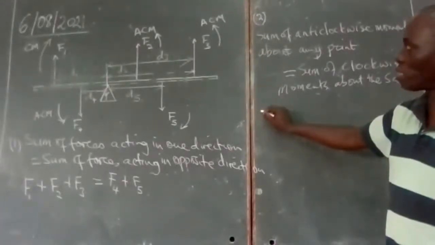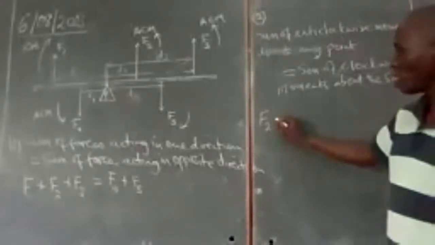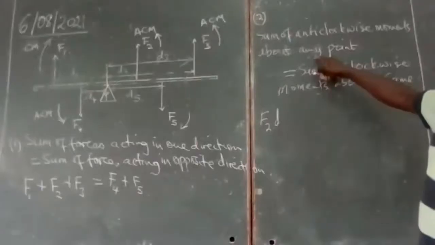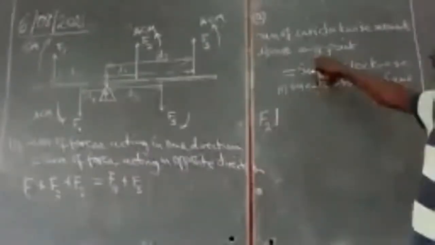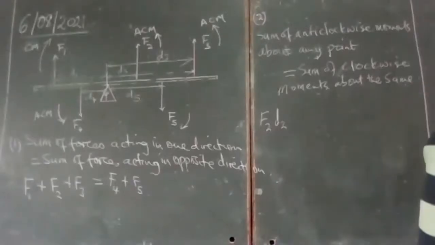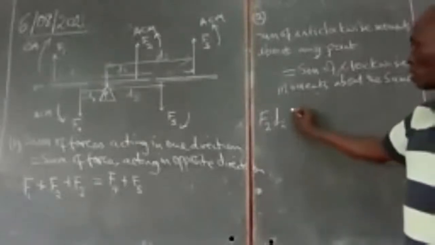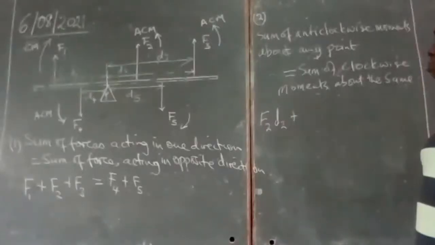F2 times D2. Remember, a moment is the force times the distance. What's the second one? Plus F3 times D3.